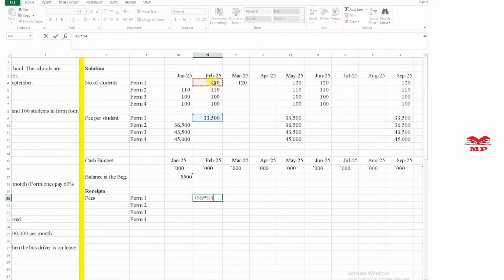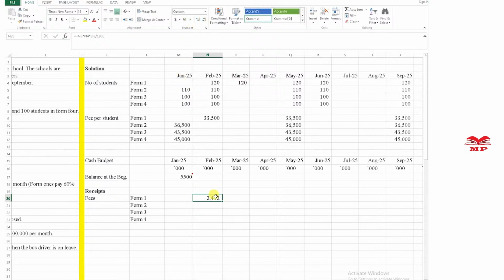And then I'll multiply by 0.6, which represents 60%. And because I've put that in terms of thousands, I divide by 1,000. That's what I get there.